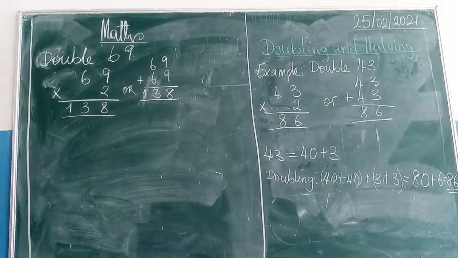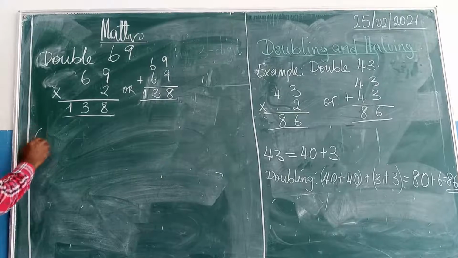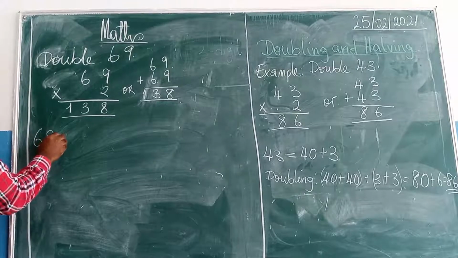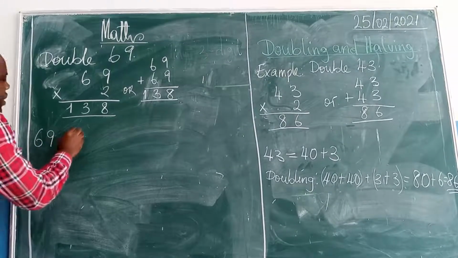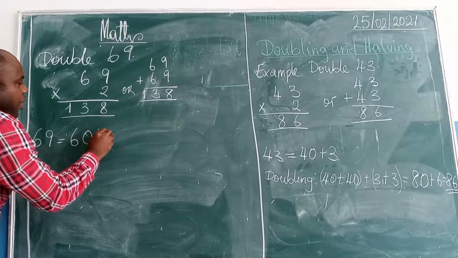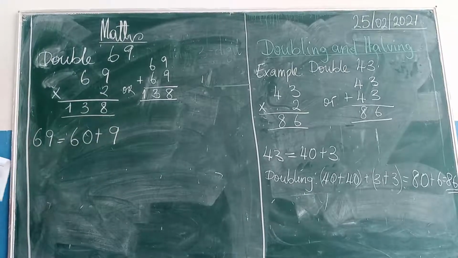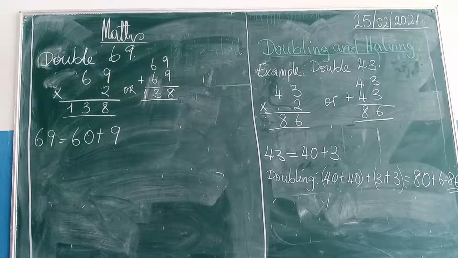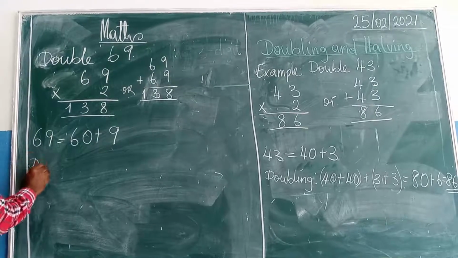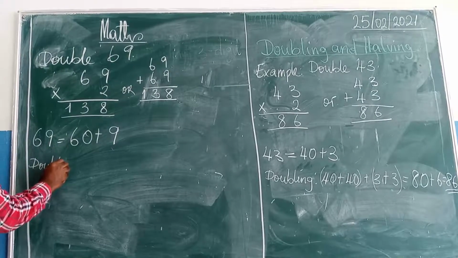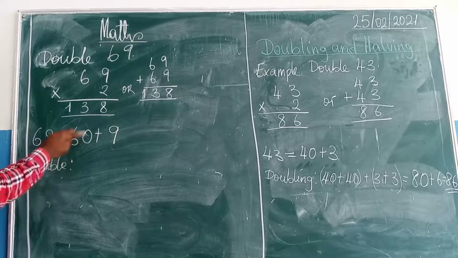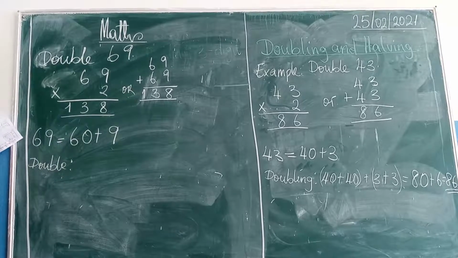I use the third method. 69 is equal to 60 plus 9. So I now double. If I double 60, that will be 60 plus 60.